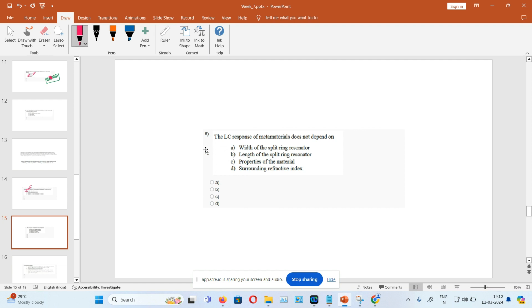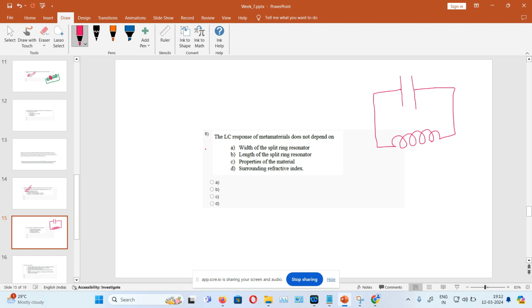The LC response of a metamaterial does not depend on the... what is actually the LC response of a metamaterial? A normal metamaterial, we can consider it as a capacitor coupled with an inductor. In that case, what happens?